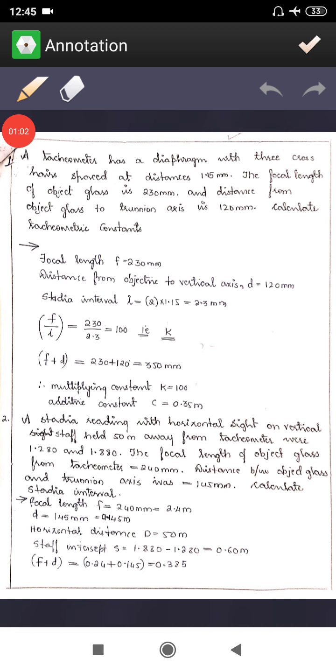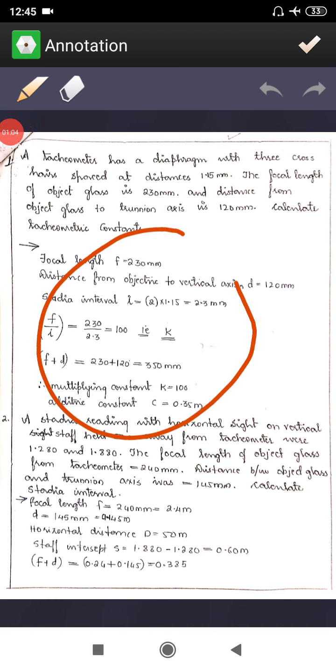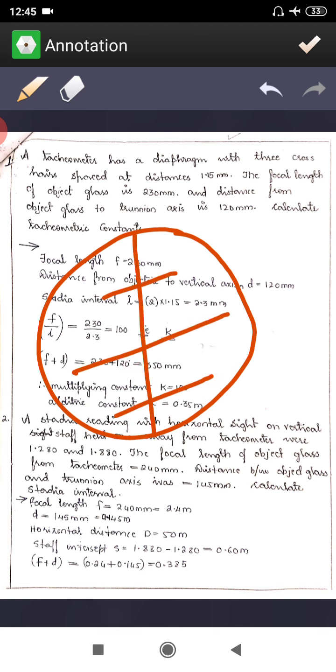Now if you take a stadia interval, this is the diaphragm, where you will be having 3 crosshairs like this. The distance between each crosshair set, that we call the stadia interval. So here the stadia interval is 1.15 mm they have given.